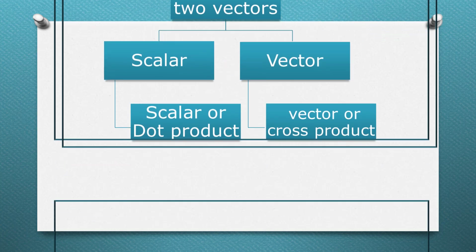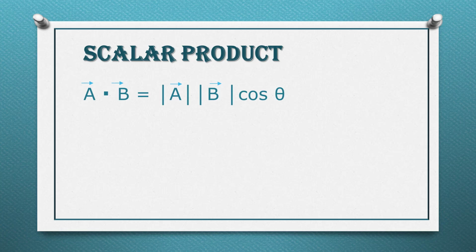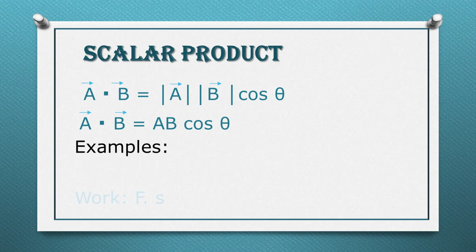We have also discussed the definition of scalar product and its formula. A dot B is equal to magnitude of A, magnitude of B, and cos of theta, or we can write it as vector A dot vector B is equal to AB cos theta. We have discussed examples. Work is equal to force into displacement, and power is equal to force into velocity.